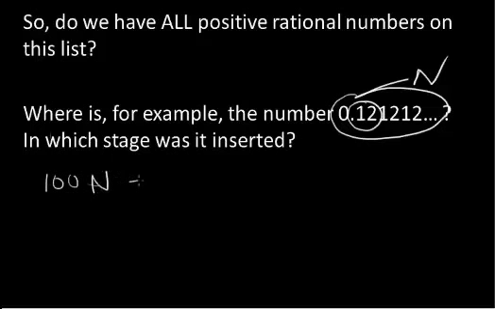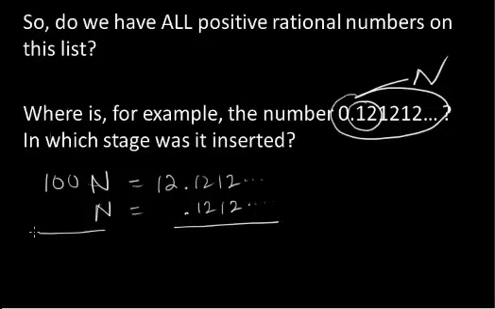So 100n would be equal to 12.1212 repeating, and n itself is equal to 0.1212 repeating, lining up the decimal points. And so then our technique from chapter 2 is we subtract, and we get 99n is equal to 12. And so n is equal to 12 over 99.